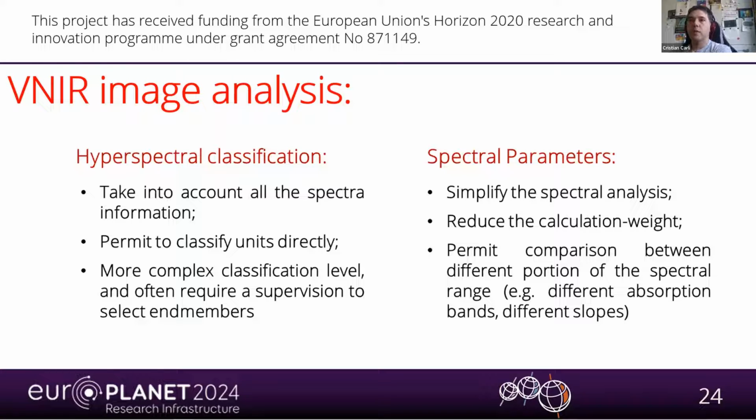approaches. One is studying the variegation of different parameters, and so simplifying the spectral analysis, reducing also the weight of the calculation, and permitting comparison of the spectral properties between different portions or ranges. The other is to try to classify the entire data set with some classifier that permits using the entire data set, and so to have at the end spectra that describe the properties of a specific area.